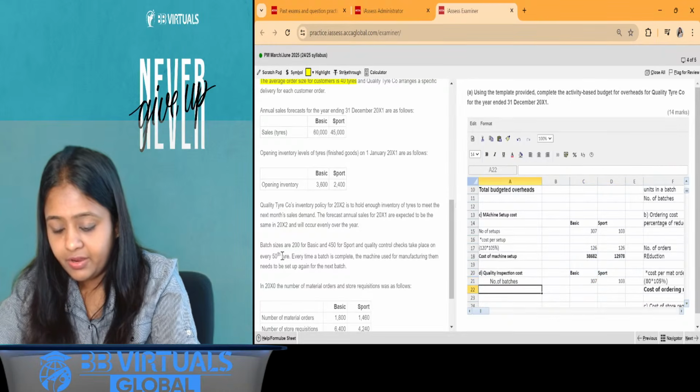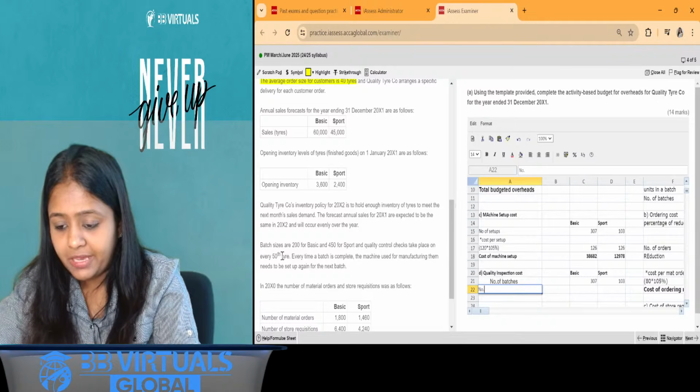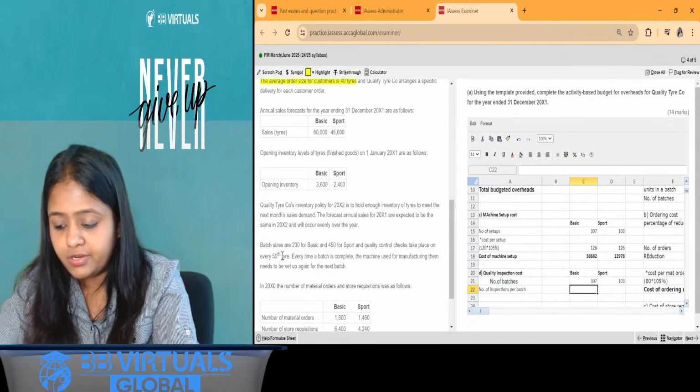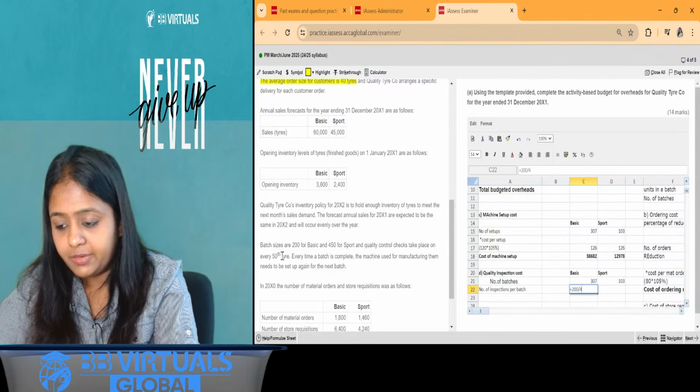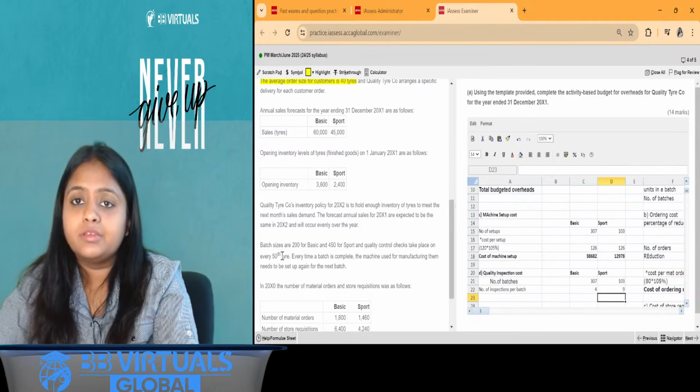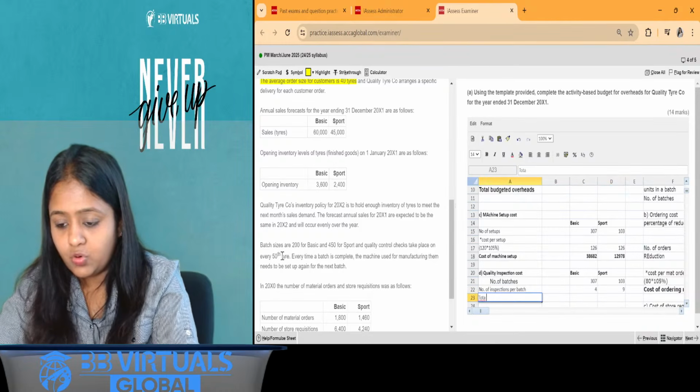Here I will write number of inspections per batch is 4. How? 200 divided by 50, and here it is 450 divided by 50. Right? So I will write here total number of inspections.